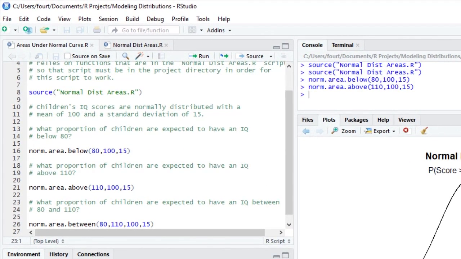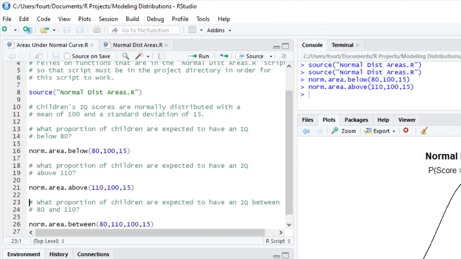What proportion of children are expected to have an IQ between 80 and 110? The function I need now is called norm.area.between. Note that this function has an extra parameter because I need to give both a lower and upper bound. In this case, the lower bound is 80, the upper bound is 110.